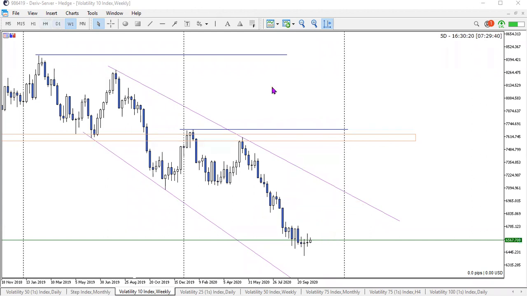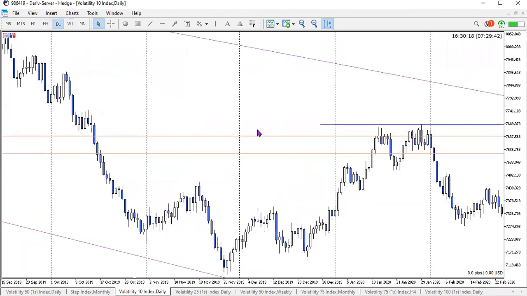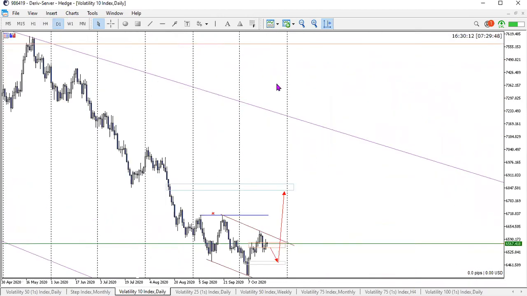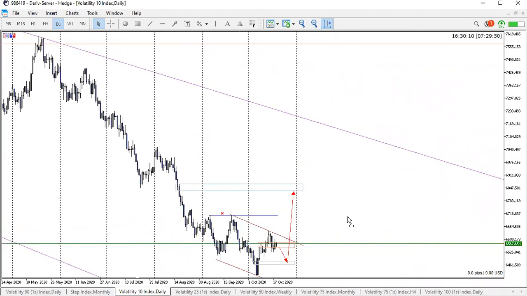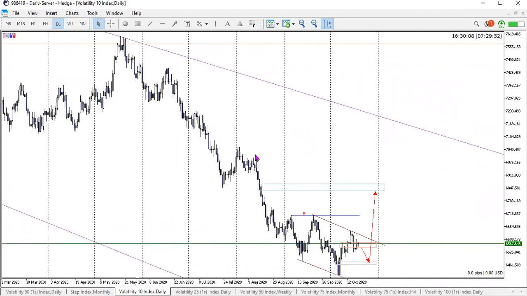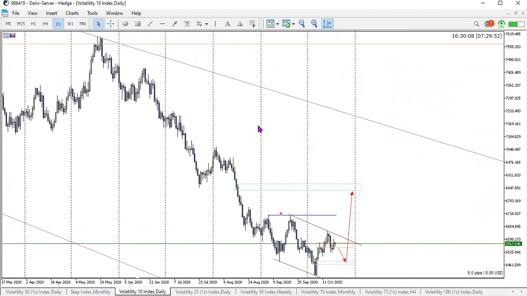Now I'm going to drop down to the daily chart. I'm just going to zoom out a little bit so that we can see the full analysis. If I were to drop the level that I just drew on the weekly onto the daily, it would basically be this area in here.